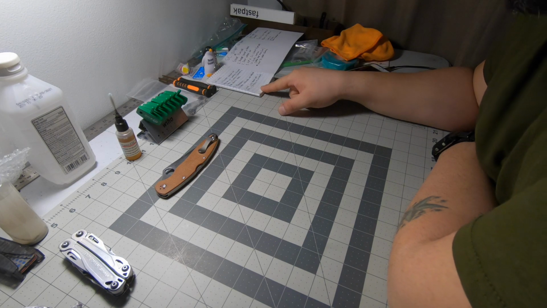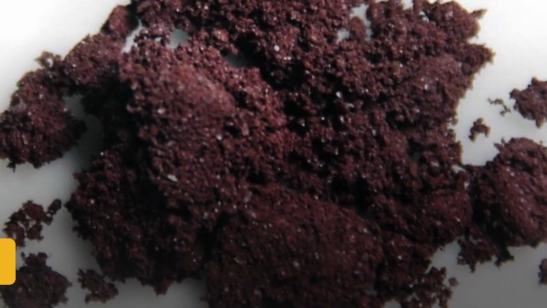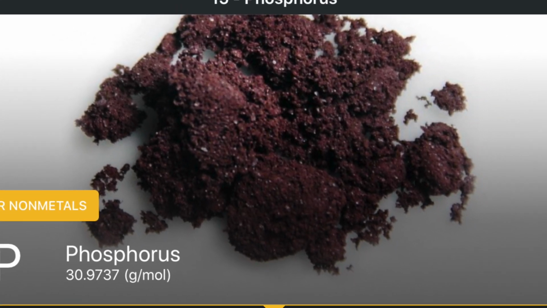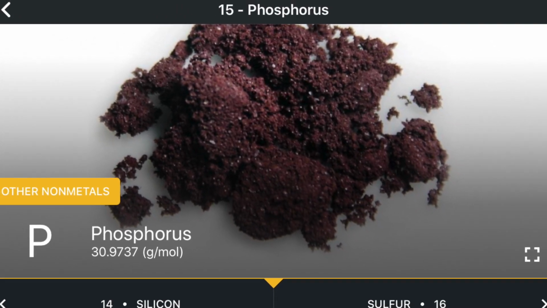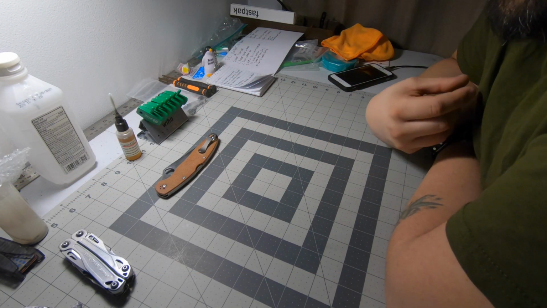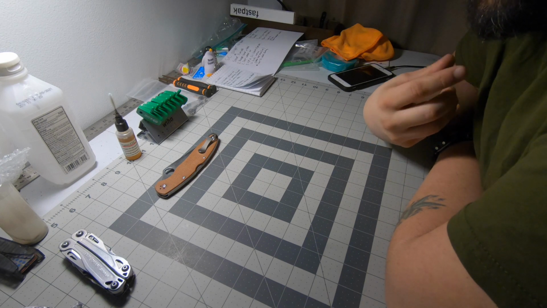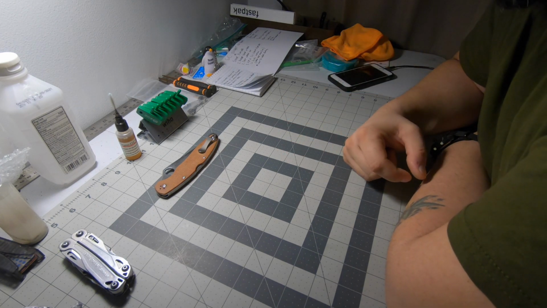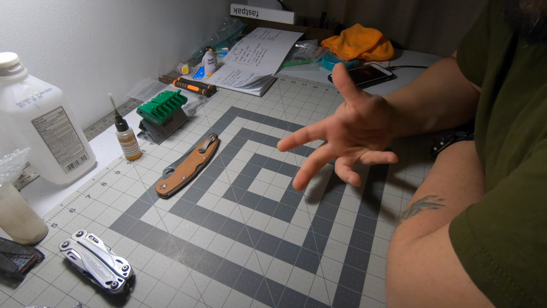Next is phosphorus, increased strength and hardness. It also can cause a cold shortness in steel. Cold shortness is basically a tendency for brittleness. So if you have a lot of phosphorus, it can get brittle in certain amounts. Think of it like sulfur, like we talked about in the first video.